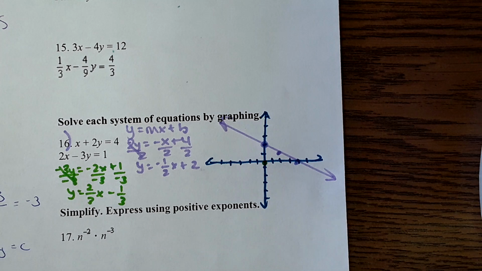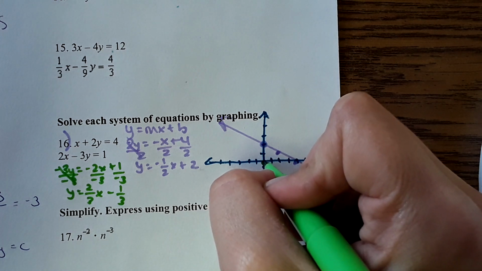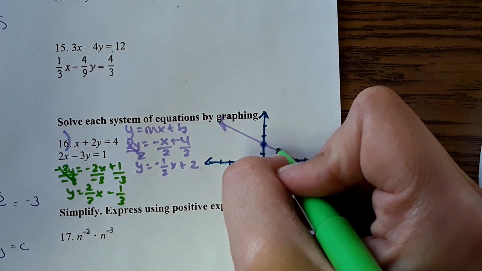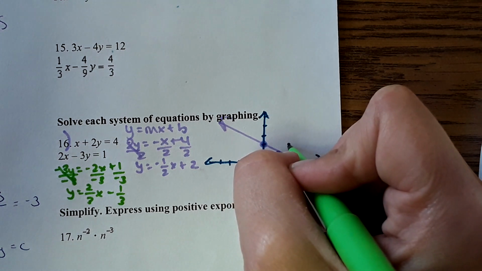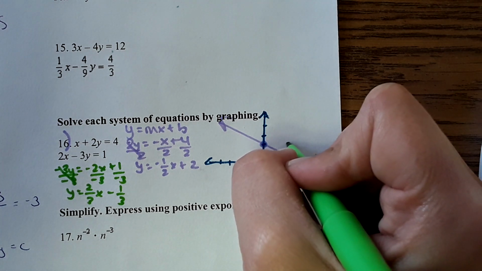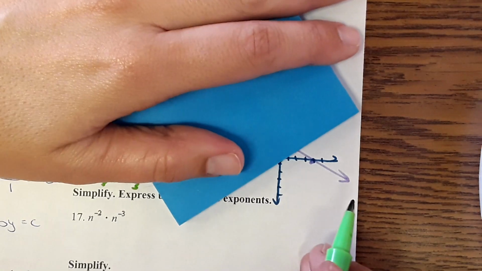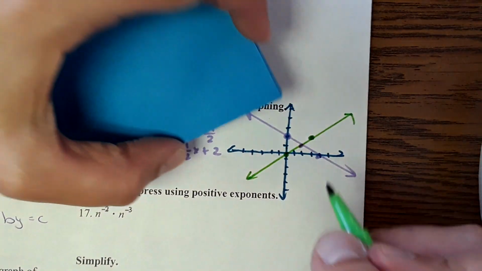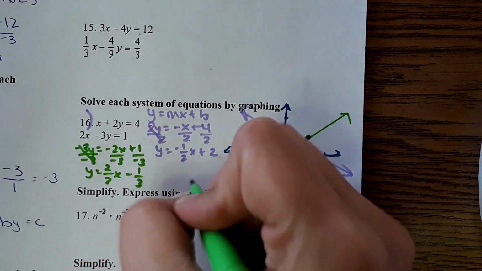And then the slope is 2/3, so up 2 over 3. About here-ish. Put it right there, I guess. And when you go to connect them, you realize they do intersect at a pretty specific point right here, and that's at 2, 1.